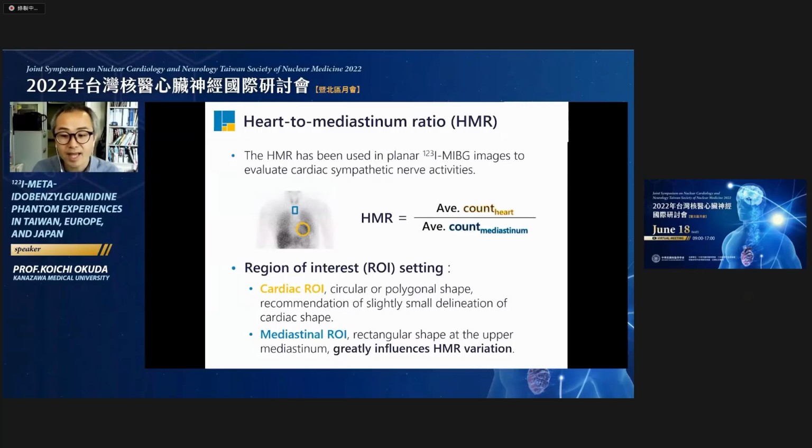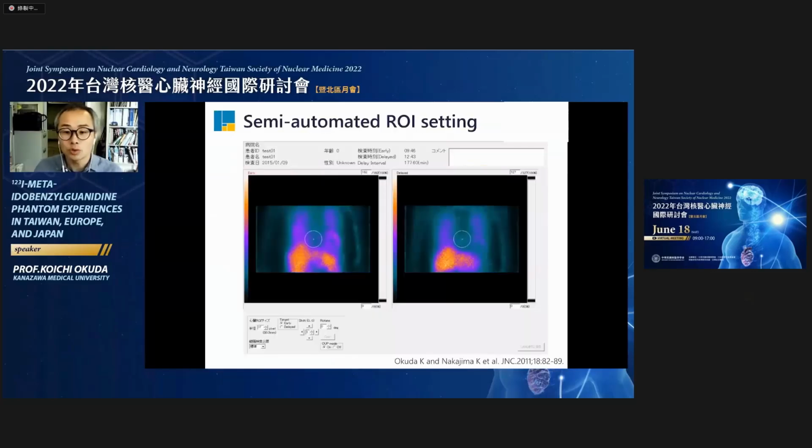Mediastinal ROI size and positioning greatly influence HMR variation. To overcome the differences in cardiac and mediastinal ROI settings, we have developed semi-automated ROI setting software called Smart MIBG. Please let me introduce this software in this video.